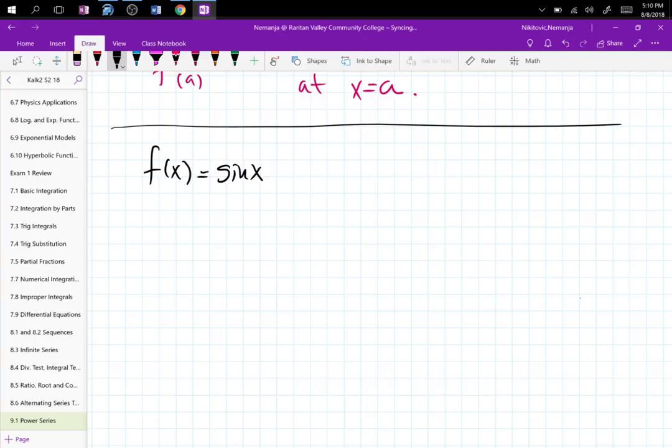Now, to do the power series, what I need to do is to figure out the kth derivative computed at a divided by k factorial times x minus a to the k, where k starts at 0 and goes to infinity. So this is your setup, and if you know what each one of these pieces means, this is going to be a walk in the park.